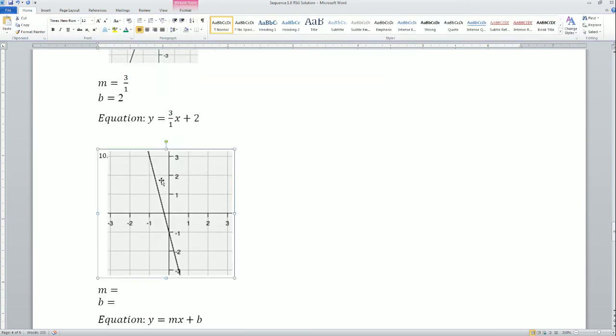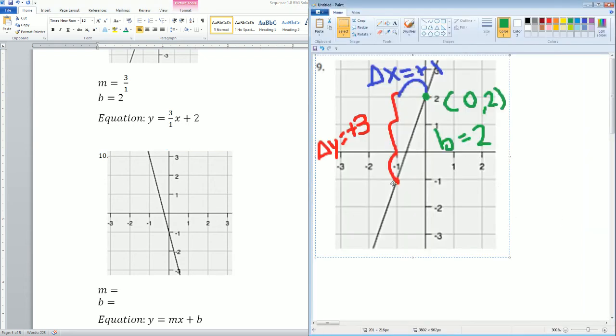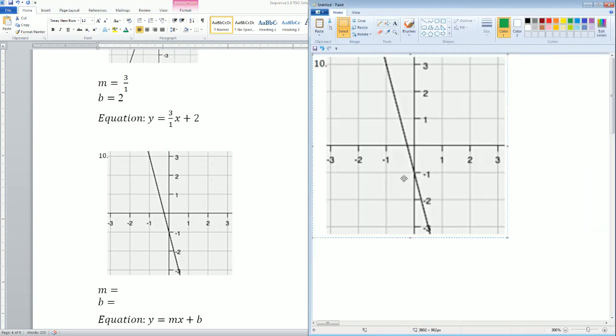Again, we are going to grab that into Paint so we can work with it. Let's find my slope. So it goes from here to there. Wow. Seems like it's going down a lot.